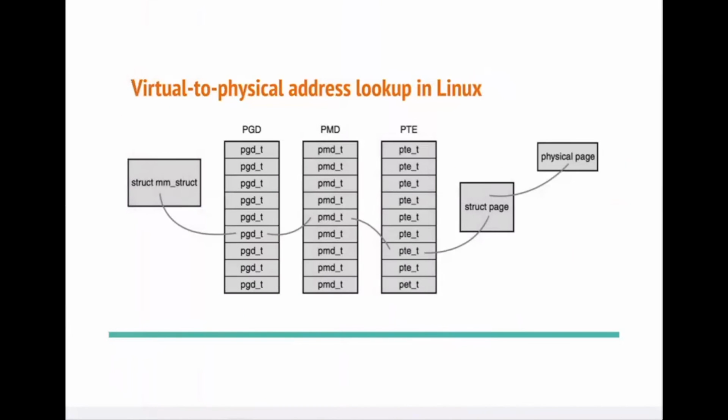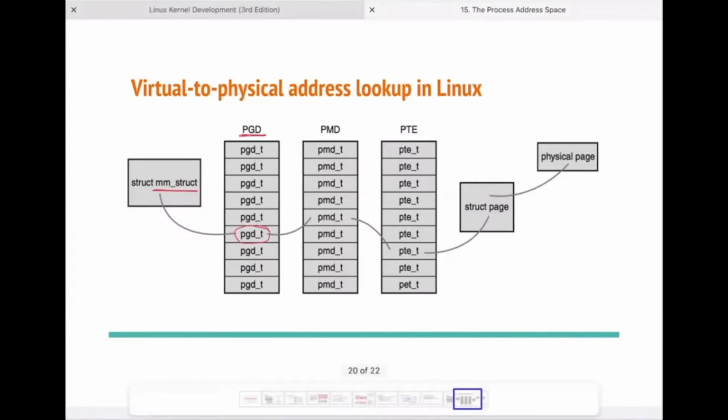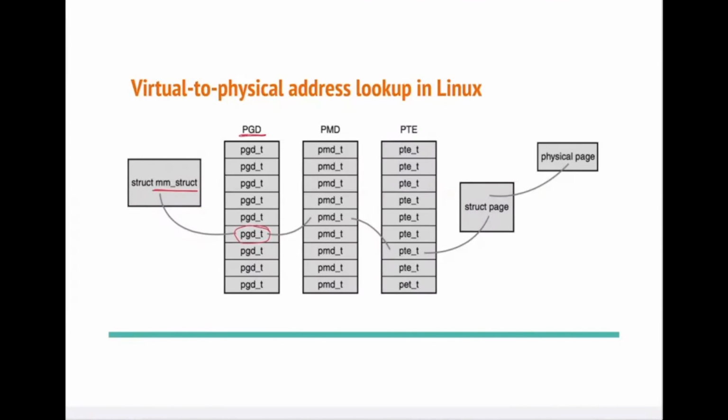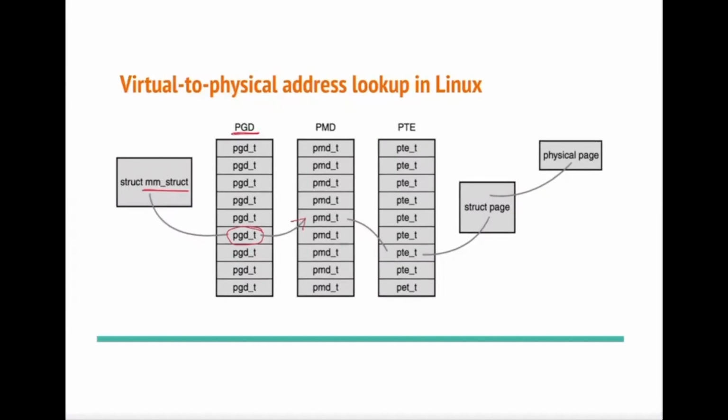Here, if you see, this is the pictorial view of how the translation goes. As we have seen, the struct is the memory map of a particular process. It contains this particular variable PGD. PGD stands for page global directory. This is the top level page table. It will access this page table, and this page table contains the address of the next page table.